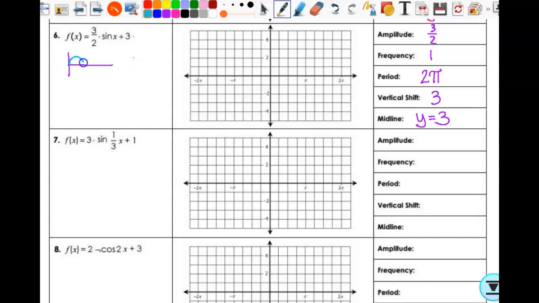This is sine, so it looks like this. I've got my midline up here. Start at my new 0, 0. Then you graph that one.